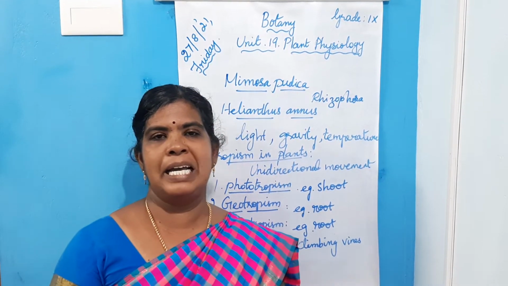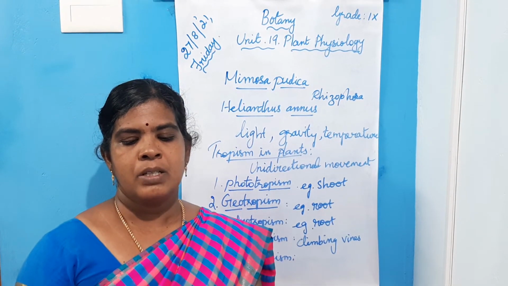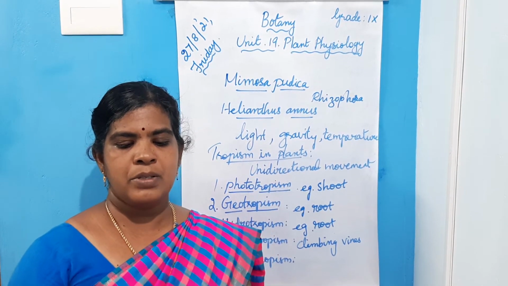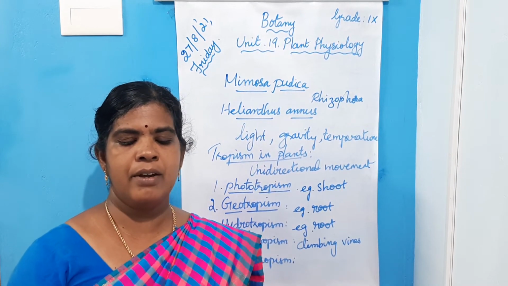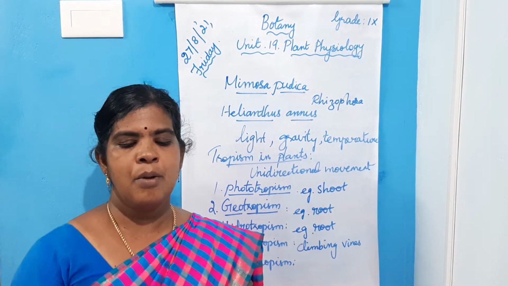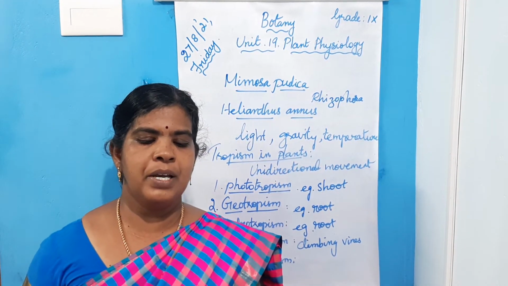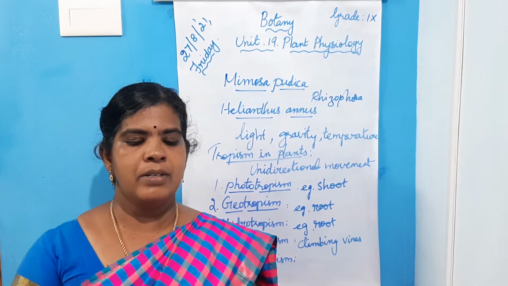The root of a plant is dash. The root of a plant is positively geotropic but negatively phototropic.